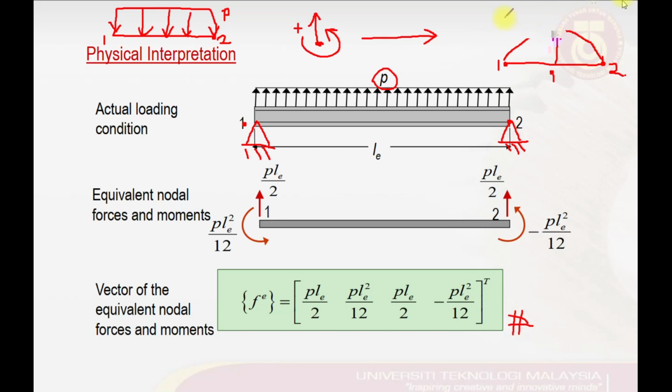So now let's reconsider a beam element which is subjected to a uniform distributed load that is pointing downward. From there we can expect that this beam, initially at rest, will deform to form this bending that is moving in the downward direction.